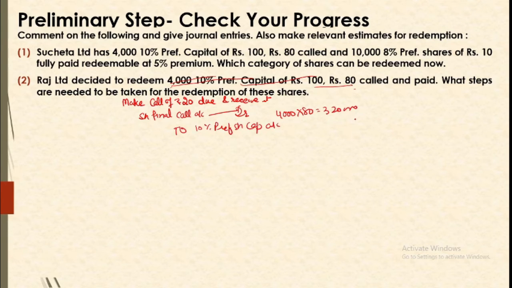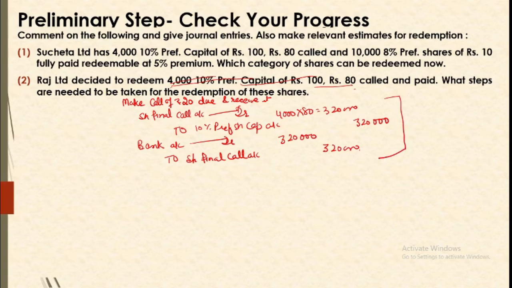So your capital gets created and then you will receive the same. This is by assumption, because our shares have to be fully called and paid. So we are assuming that we are making final call due and receiving the same. These entries will be performed on our own by assumption. You can give a note in the problem that as per conditions shares should be fully paid. So we are making final call due and receiving the same.